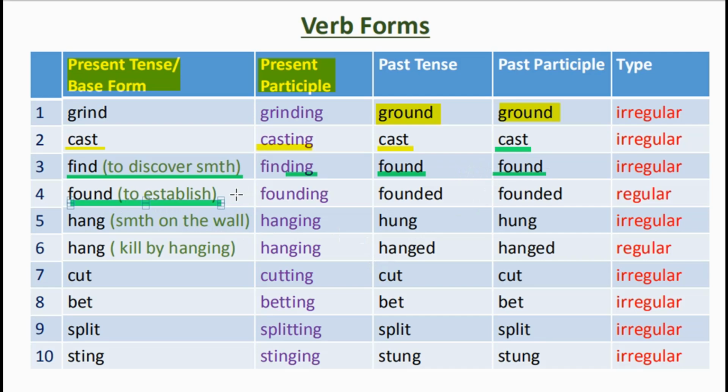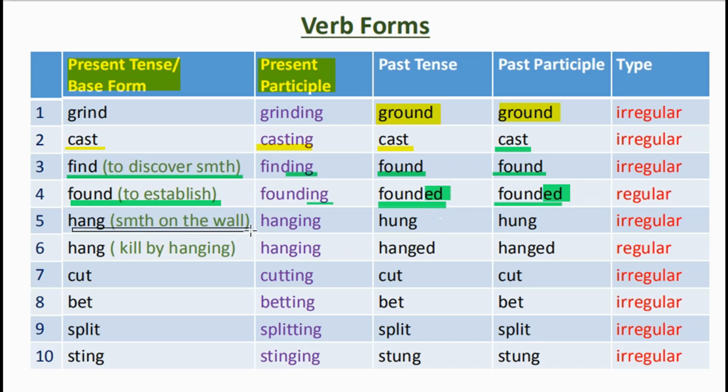In this case, it is not the past tense of find. It is an existing verb on its own, found, which means to establish an organization. So founding is the ing form, then the past tense of that particular verb is founded, and the past participle is also founded. It is a regular verb. Found, founded, founded.